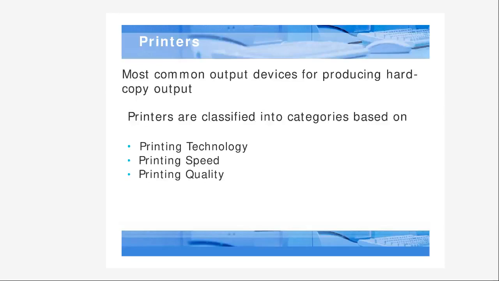A non-impact printer does not create noise, meaning it uses laser light or sprays ink, so that printer does not create any noise. That's why these printers are called non-impact printers. I think all of you understand what impact and non-impact printers are, students.